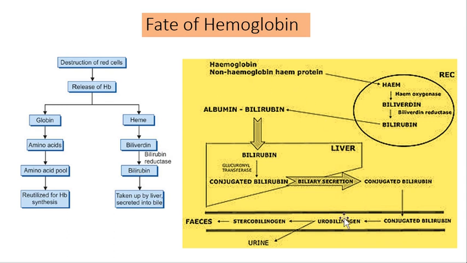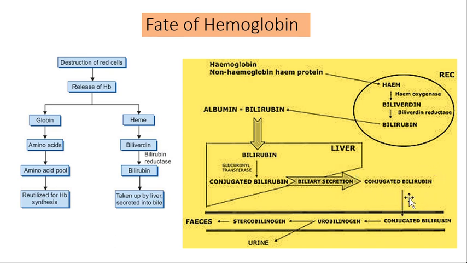Okay, now let's see in this image what happens then. As heme is converted into bilirubin, albumin, which is a protein, binds with bilirubin and it is carried to the liver. The liver then does conjugation, making it soluble in water, right?